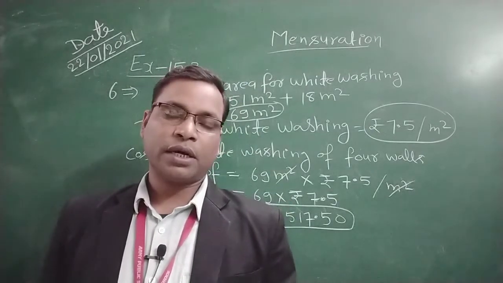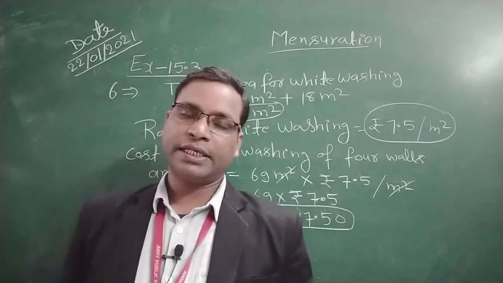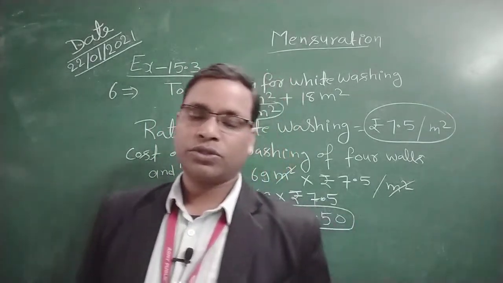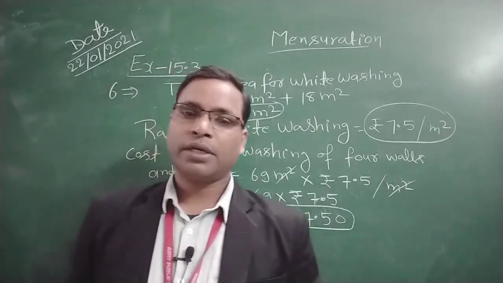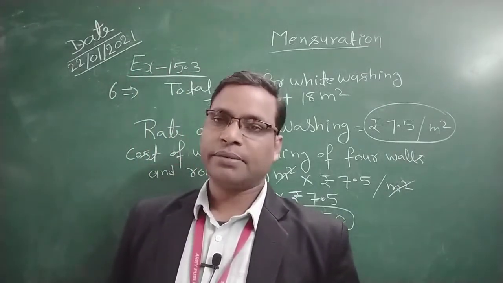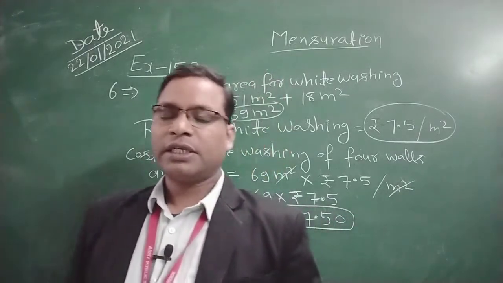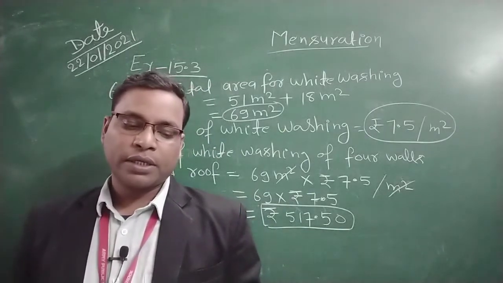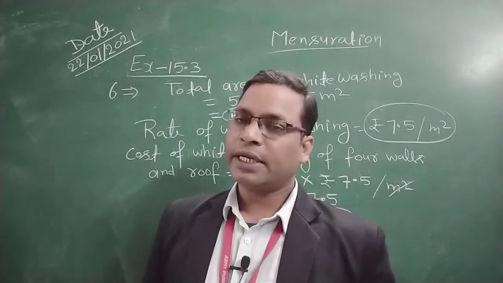A suitcase with measure 80 centimeter, 48 centimeter, 24 centimeter is to be covered with tarpaulin cloth. How many meters of tarpaulin of width 96 centimeter are required to cover 100 suitcases? So student, here the length, breadth and height of the suitcase are given as 80 centimeter, 48 centimeter and 24 centimeter respectively. The number of suitcases is 100.